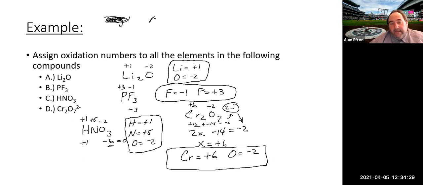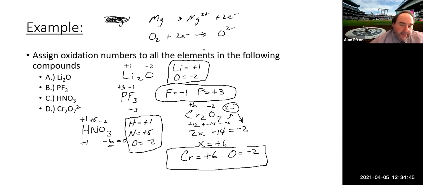So, like magnesium going to magnesium +2, plus a couple of electrons. We have our O2 plus 2 electrons, right, going over to our O2- in this case.